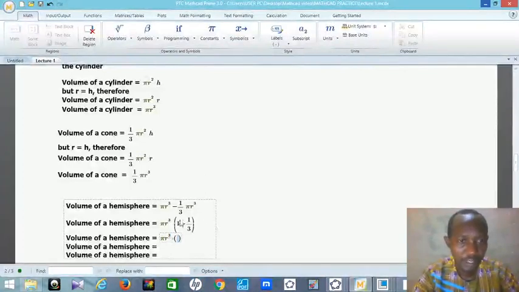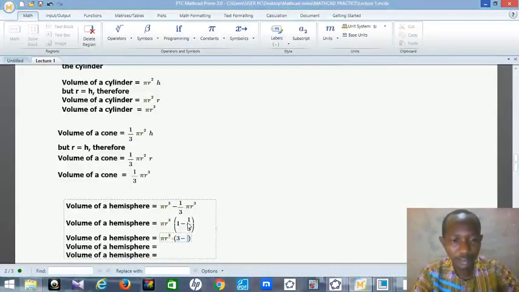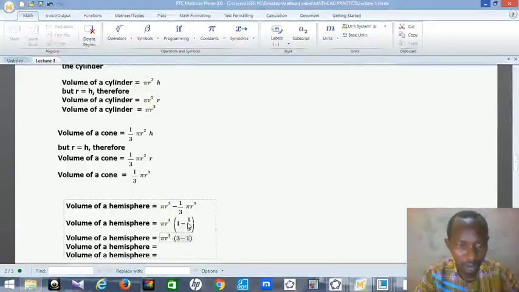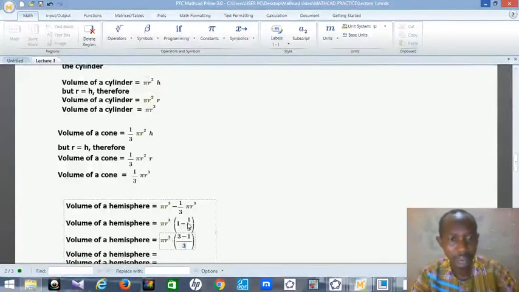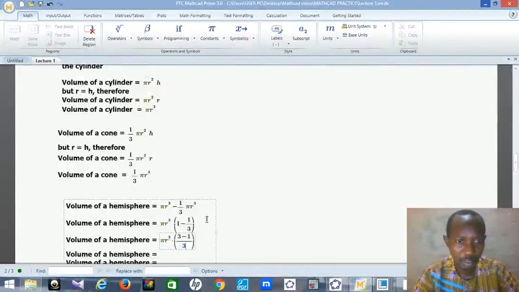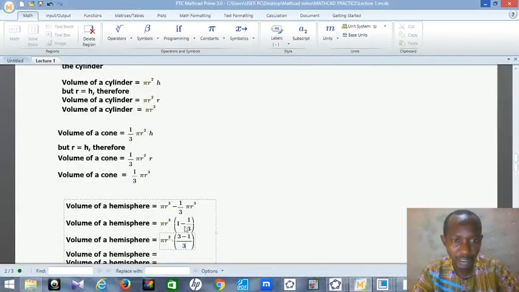You simplify this bracket, you're going to get 3 minus 1 all over 3. You can remember your simplification. The LCM is 3. 3 divided by 1, 3 times 3 is 3, minus 3 divided by 3 is 1, 1 times 1 is 1. So that's what I did here.